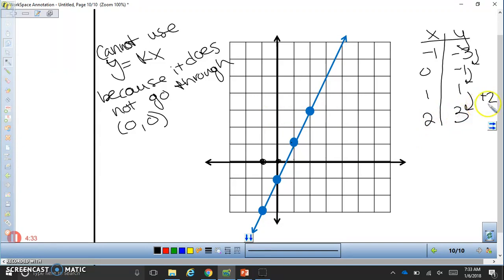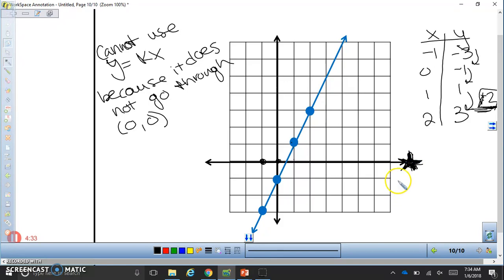No. We need to have this pattern of going up by 2. We know the unit rate is right here, but it's not proportional. I would like you to do your best equation skills here because we are going to talk about how to make the equation quickly, easily, accurately next week. Go ahead and try to make your own equation.